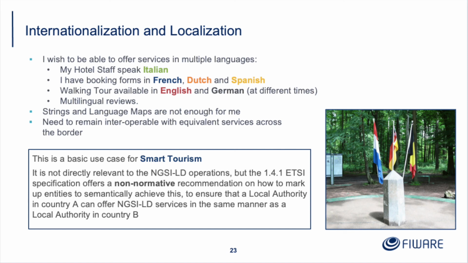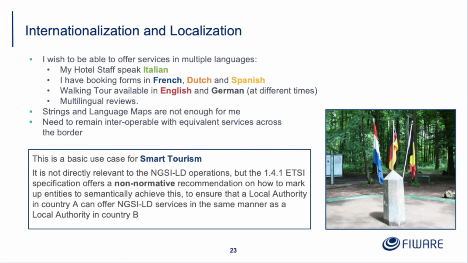So there is a recommendation in the ETSI spec. It's non-normative, so you don't have to follow it. It's highly recommended that you do, because obviously that will be the source of authority for saying, yeah, actually, ETSI say do it this way. It means that you can still maintain the same model across either side of a border.